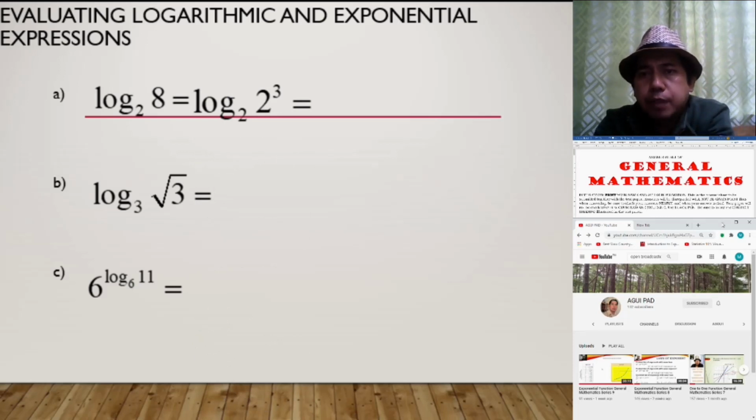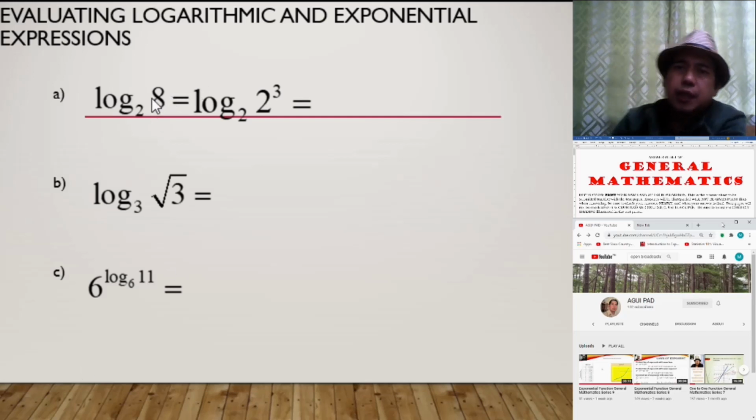So how is that? You will notice that when we are going to evaluate this one, log of 8 with a base of 2, this 8 in here can be converted into its exponential number. Now, what would be the exponential number that will give you the same as 8? That is 2 raised to 3.